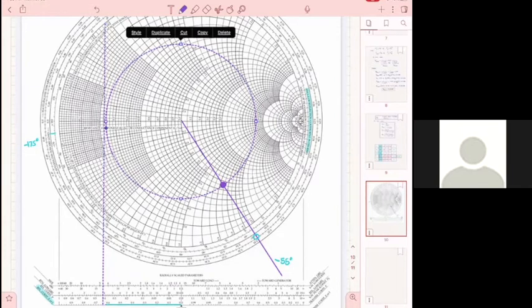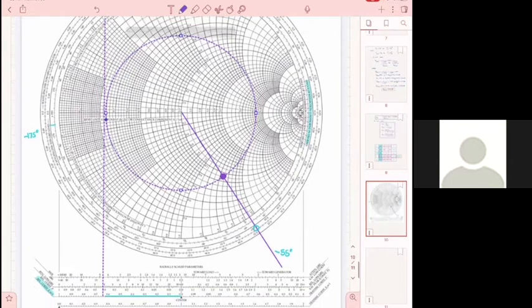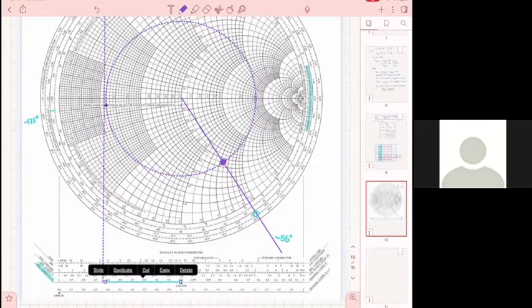This purple circle is the circle of constant VSWR on a line, meaning all the points on this circle have the same reflection coefficient magnitude. So C sub S does indicate a reflection coefficient, and C sub S has a magnitude, which we found here to be that.